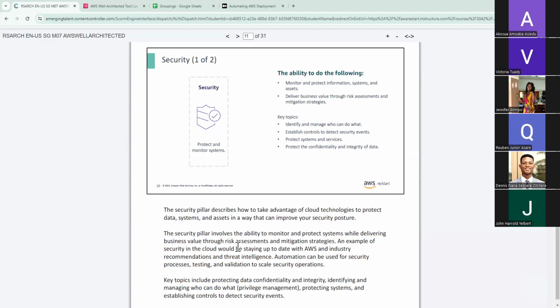You have to have a solution for when your security is breached, or when there's an attack, to counter that attack, and make sure that your data is protected. It also has to be confidential, and it must not have mistakes. So there are so many things that you need to put in place for that, and to monitor your resources.